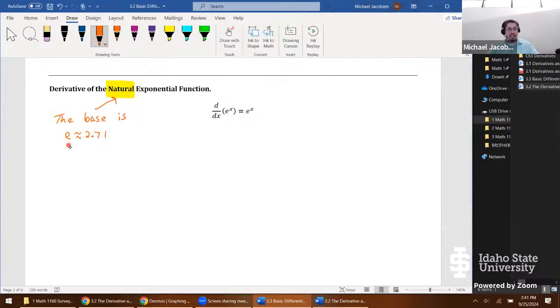In fact, it even has a name. e is called Euler's number, Euler being a mathematician, spelled E-U-L-E-R. Euler's number is special because when you differentiate this function, e to the power of x, the derivative of it is itself.